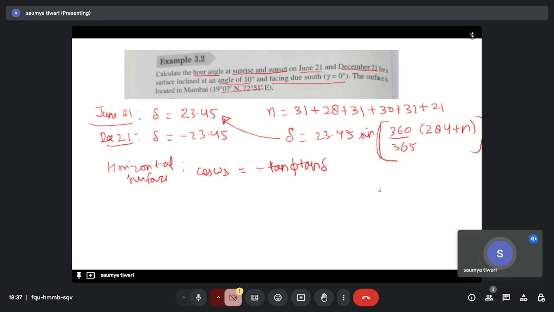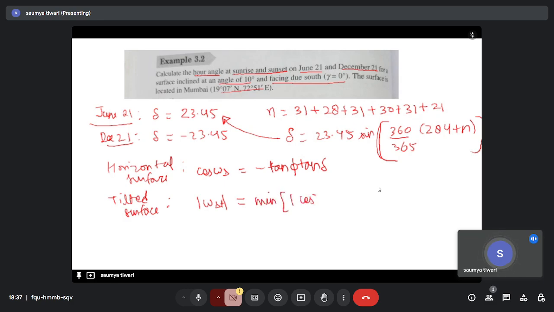But for a tilted surface facing south, we have one formula: mod of omega s t, where t is for tilted, is the minimum of one of these two values.